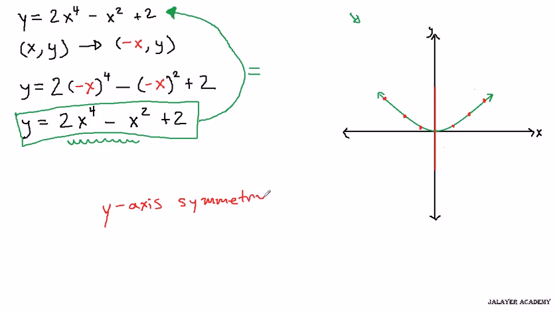Okay? So that's the way to analytically check whether an equation has y-axis symmetry. And this picture over here is just a representation of an arbitrary curve that has this y-axis symmetry. So this would be the visual of what we did over here mathematically and analytically.